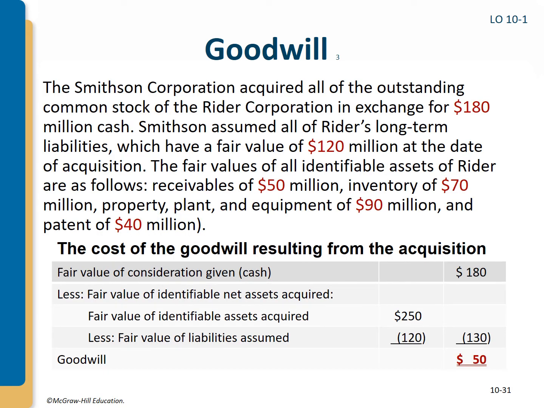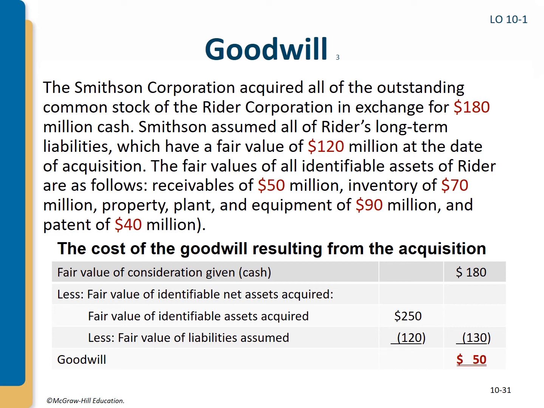Take a look. Smithson Corporation acquired all the outstanding common stock of Ryder Corporation for $180 million cash. Smithson assumed all of Ryder's long-term liabilities, which have a fair value of $120 million. The fair values of all the identifiable assets are receivables $50 million, inventory $70, property, plant, and equipment $90, and patent $40.